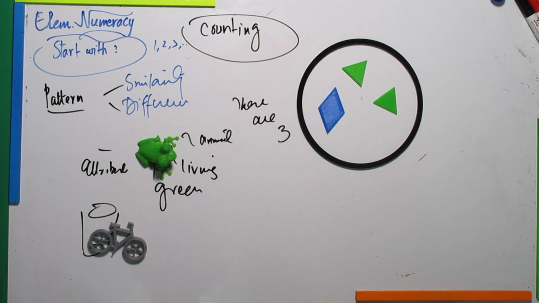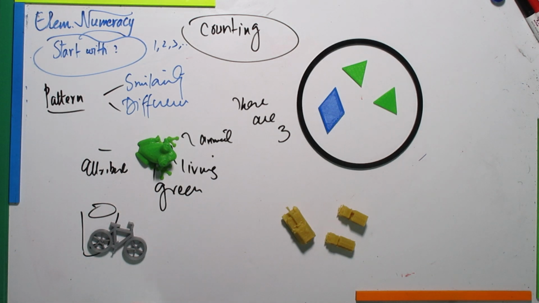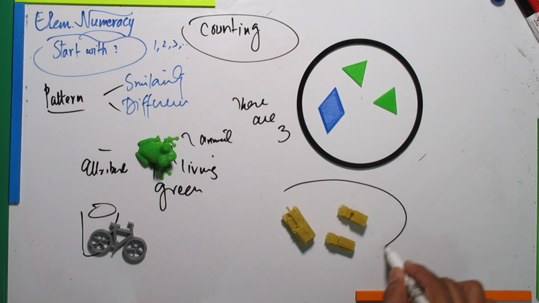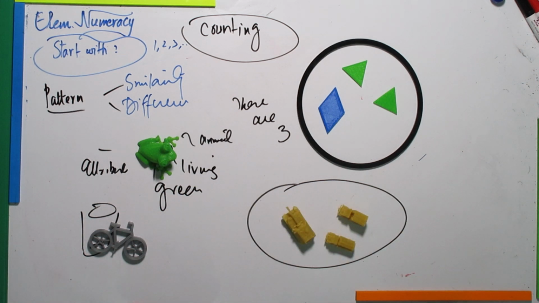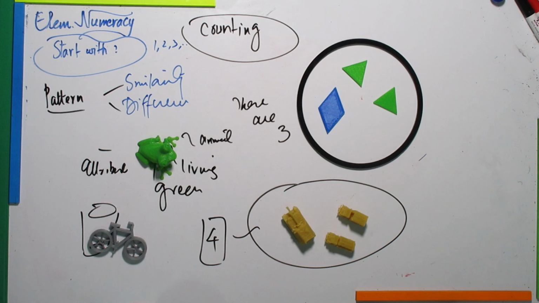Makes sense? When we say these tanks are 4 or 3, what does it mean? It means the set which contains these tanks and trucks has a count of elements, technically called cardinality, of 4. So there is a sense of set.